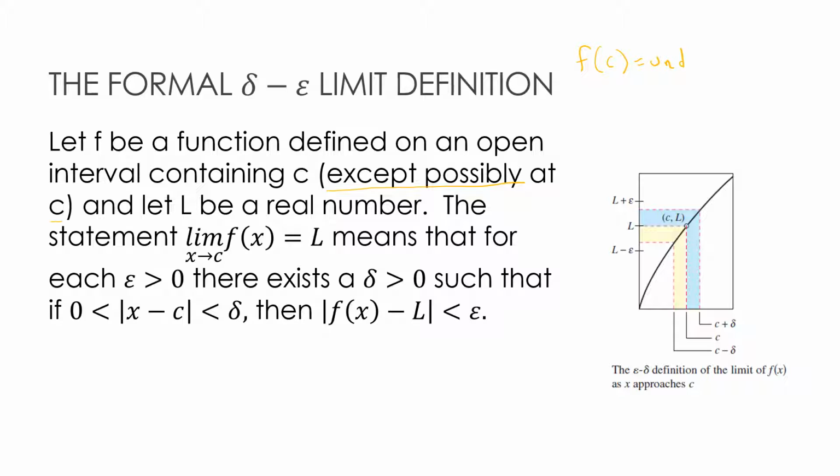So again, f is a function defined on an open interval containing C, and let L be a real number. L, of course, is going to end up being our limit.